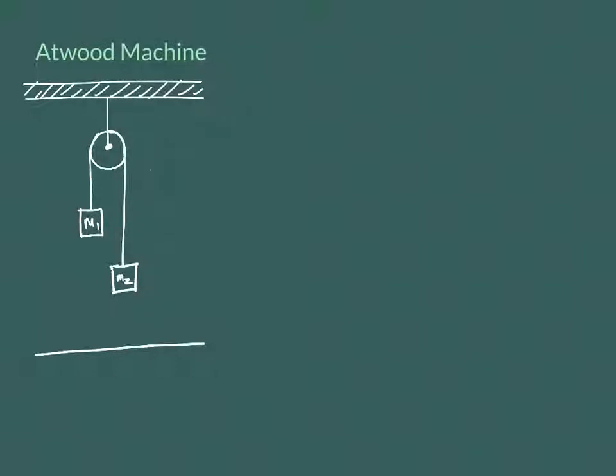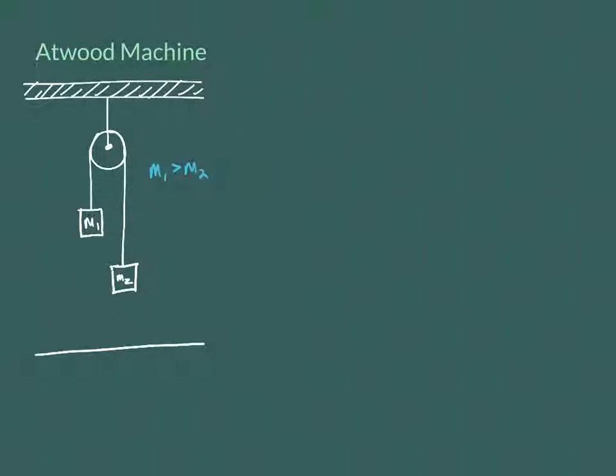Let's say that mass 1 is greater than mass 2. What will happen if mass 1 is greater than mass 2? Not all at once.